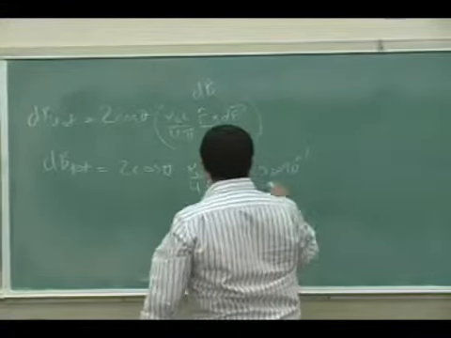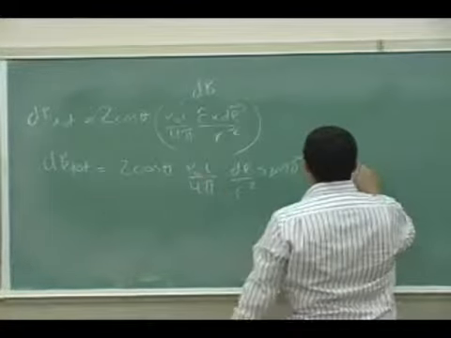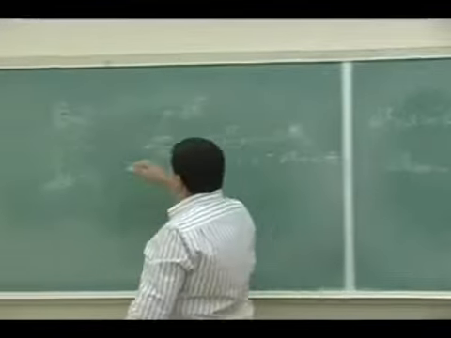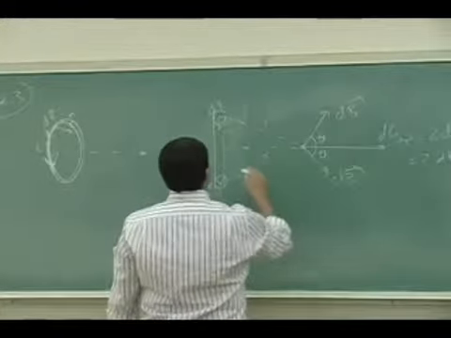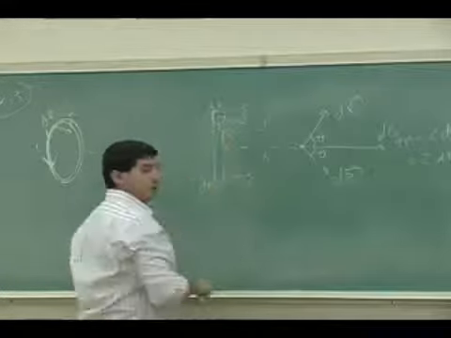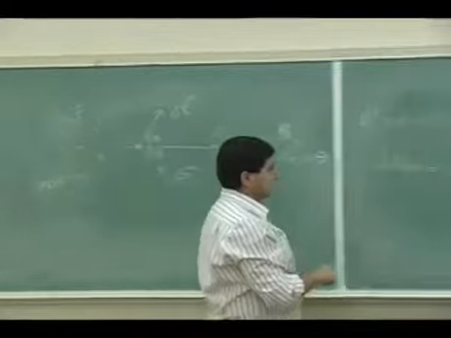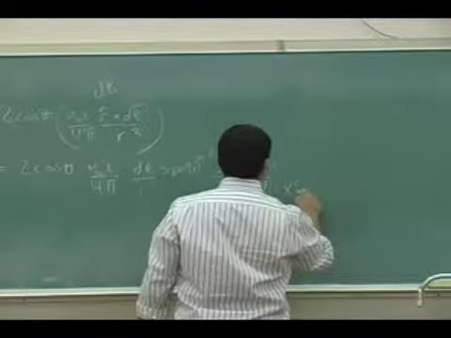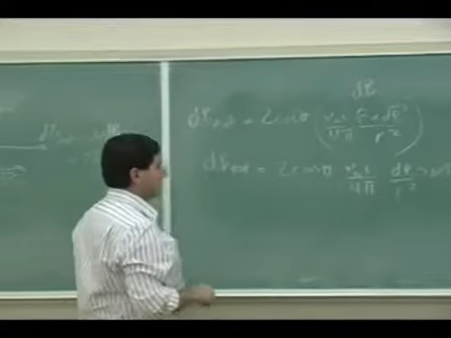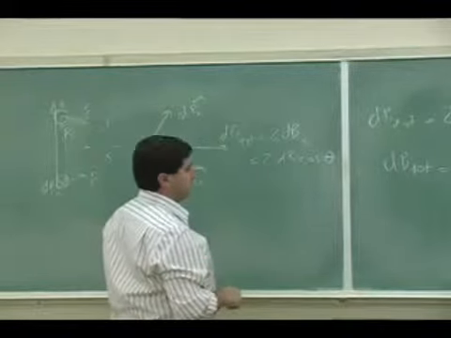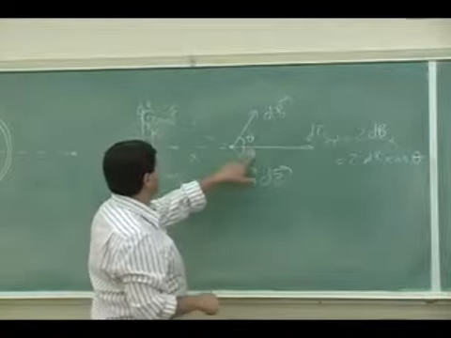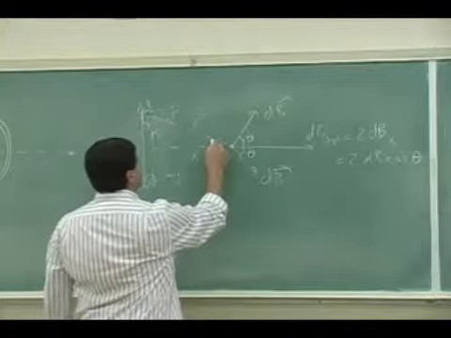And then now we could put in here mu 0 I over 4 pi r squared, where this r is x, and then this is the radius. So r squared is equal to x squared plus the radius squared. And then what's left? Cosine of theta. What's cosine of theta? Theta is this, which is the same as this theta.